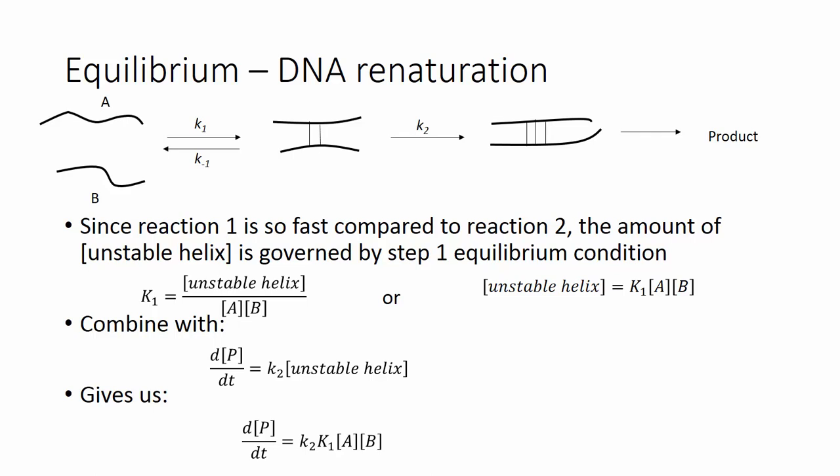Since reaction 1 is so fast compared to reaction 2, the amount of the unstable helix is governed by a step 1 equilibrium condition.